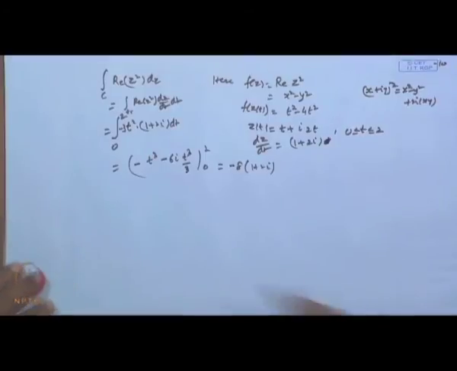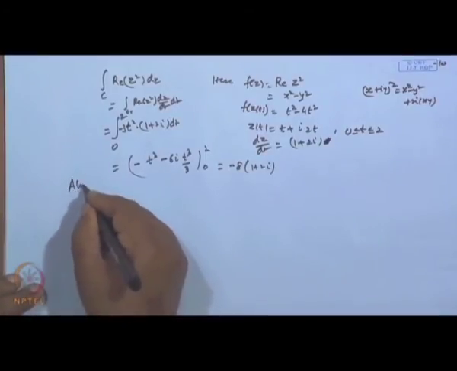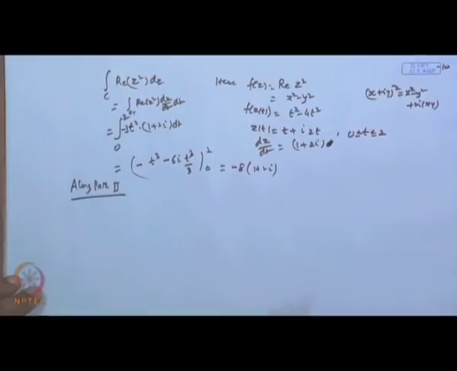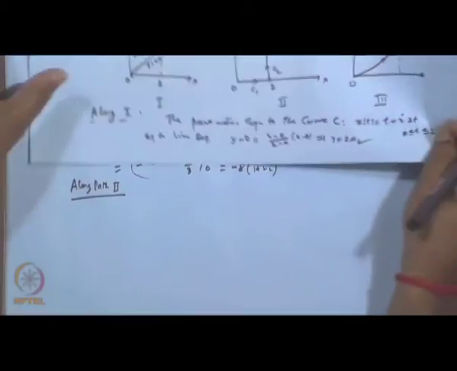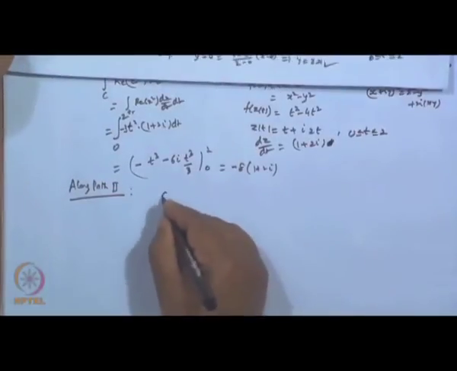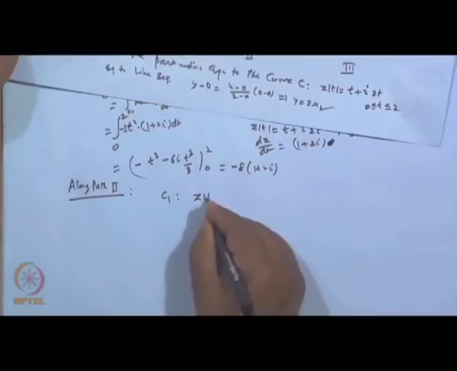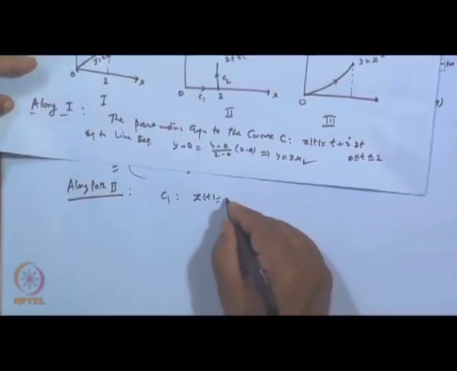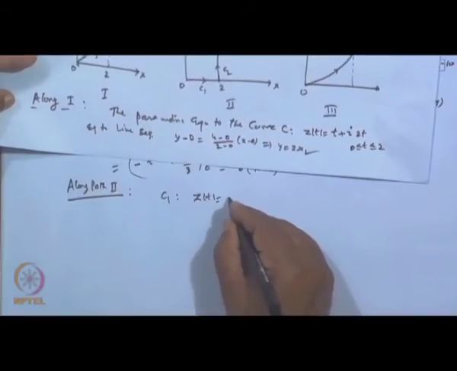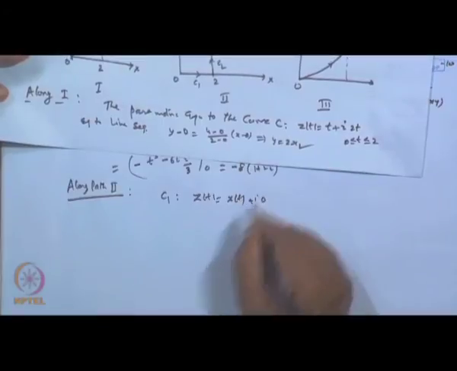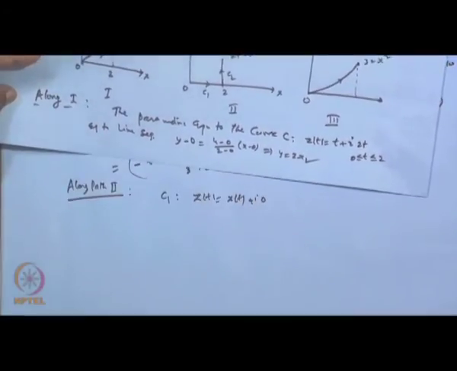Now, along path 2, the first path is C1, then C2. So, along C1, in the parametric equation of the curve z(t), the y coordinate is 0, so it will be the x(t) only, plus i times 0. What is x(t) here?